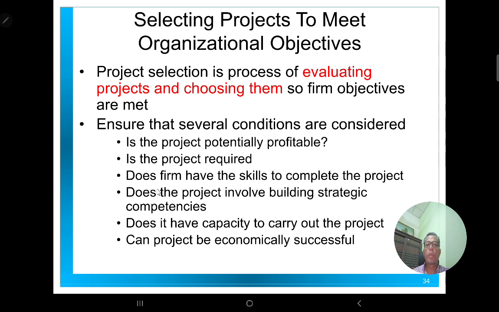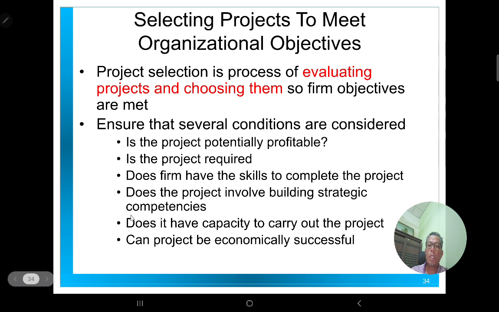Does your firm or a particular firm have sufficient skills to complete the project? You have enough people, you have enough skills, you have enough facilities, or you have enough technology that you have already identified in order to make sure that the project can be implemented. Does the project involve building strategic competency?